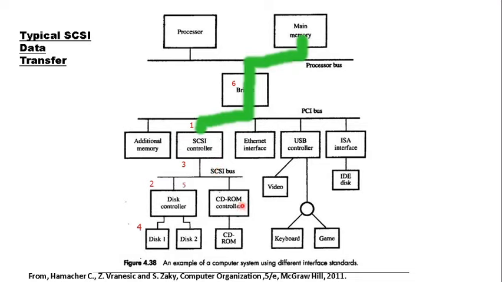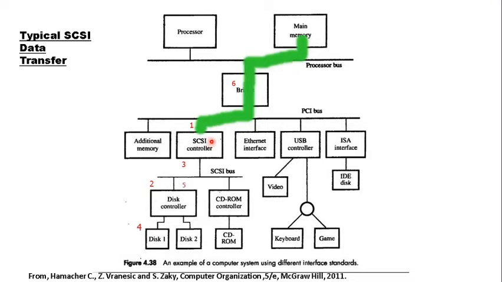Then suppose that the CD-ROM controller is also taking part in this election procedure, and wishes to gain control of the SCSI bus too, maybe for some other operation, and suppose that the CD-ROM controller's identity is DB2. So we have DB6, DB5, and DB2.